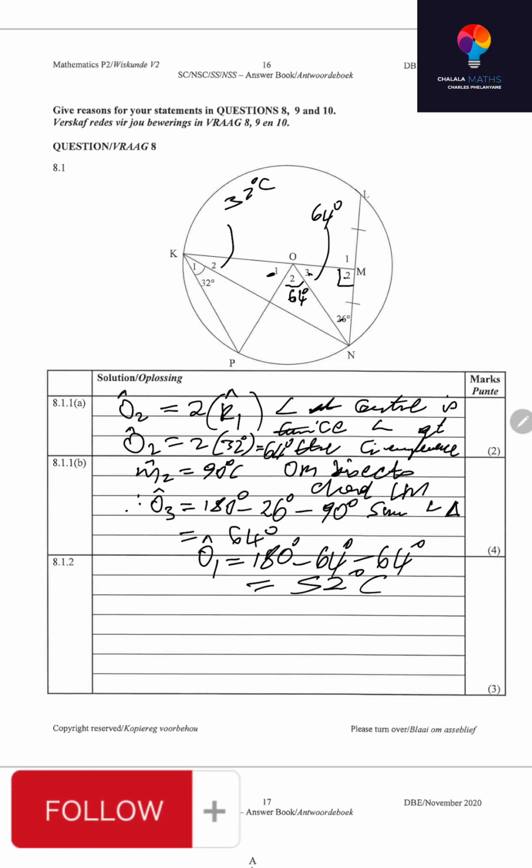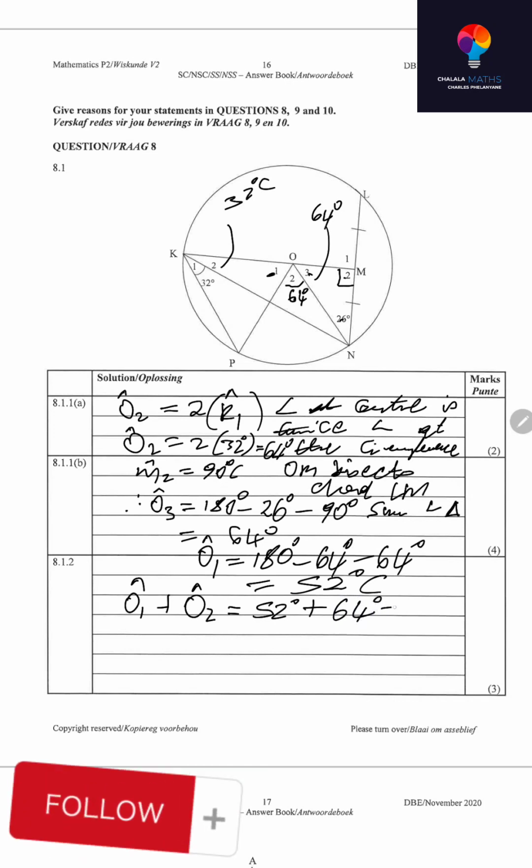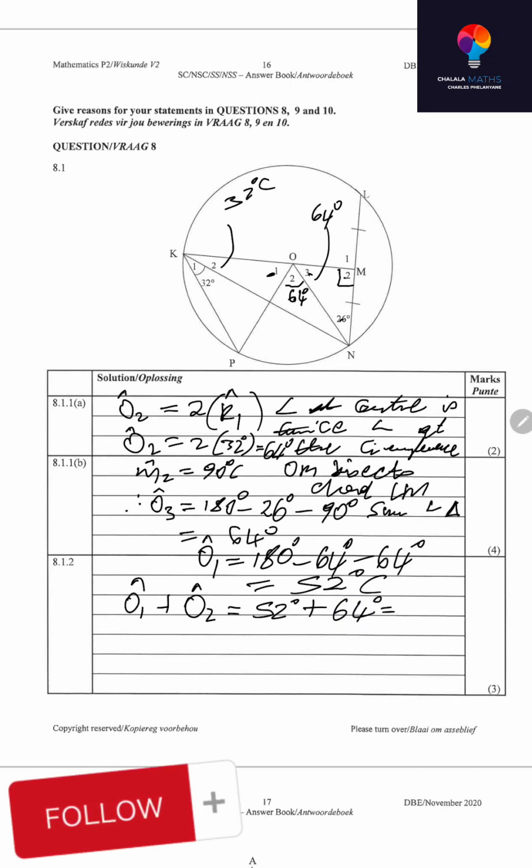That we must prove. So already we know that angle O1 plus O2 is equal to 52 plus 64, which will give us 116 degrees.